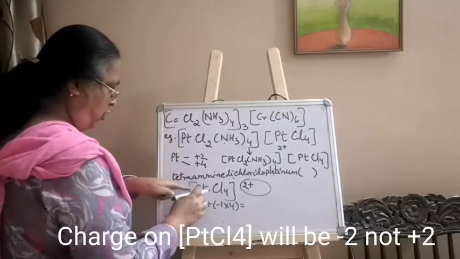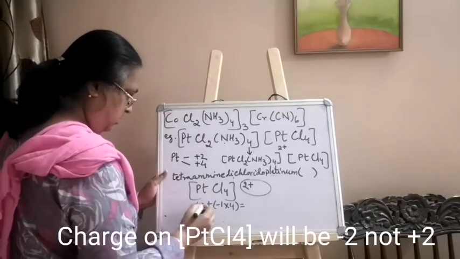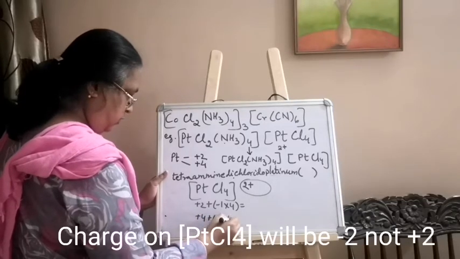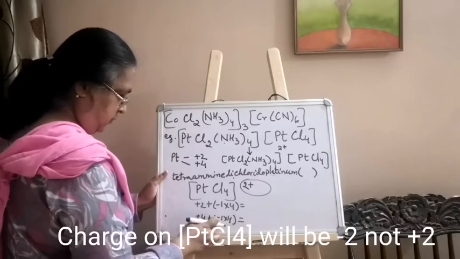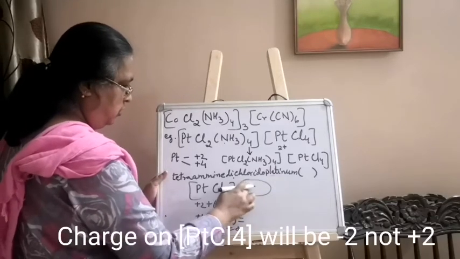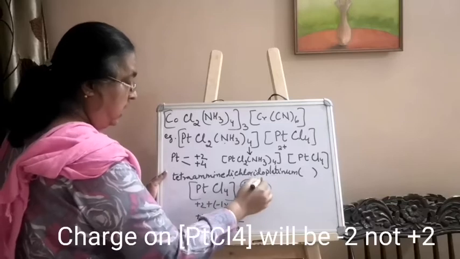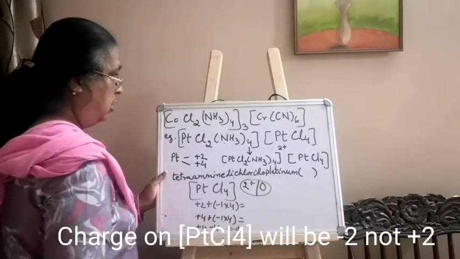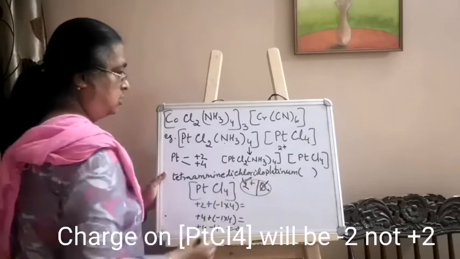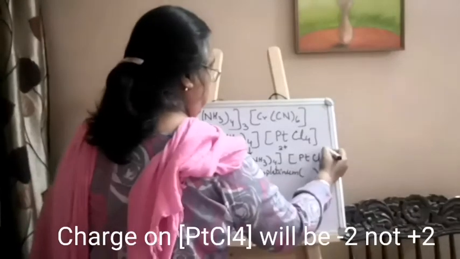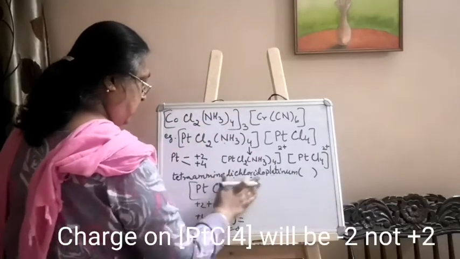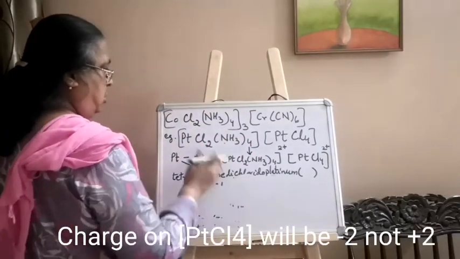If I take plus 4, then minus 4 and plus 4 will be 0, and this has to be negative, it cannot be 0, so this is not possible. So here it will be 2 minus. Both are having valency plus 2.